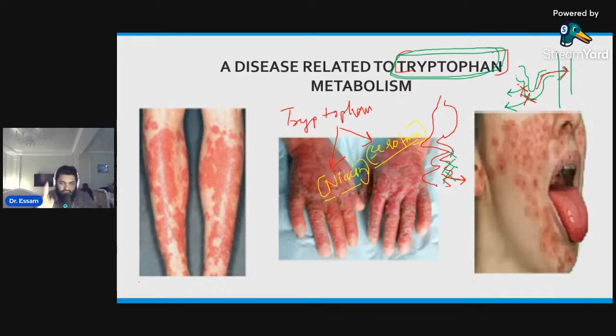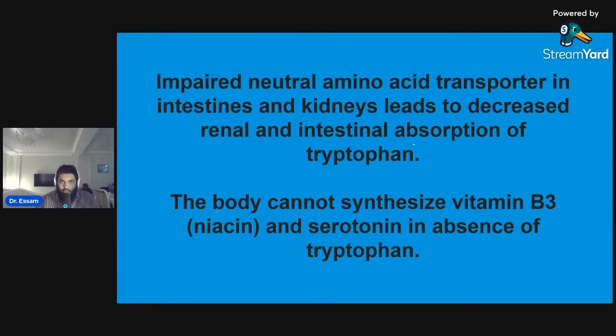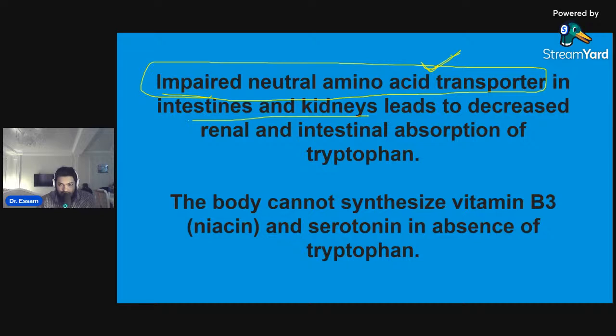So I still haven't told you the name of the disease. Some students have already mentioned in the chat. Very good. So like I told you, impaired neutral amino acid transporters. This is the name of the transporters. You should know this name. Impaired transporters in the intestines and the kidneys lead to decreased renal and intestinal absorption of tryptophan.